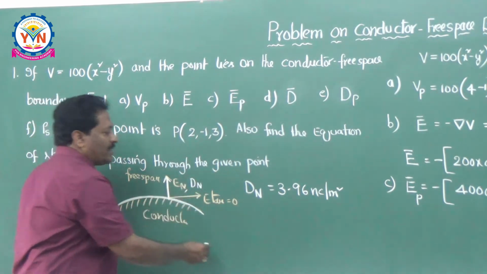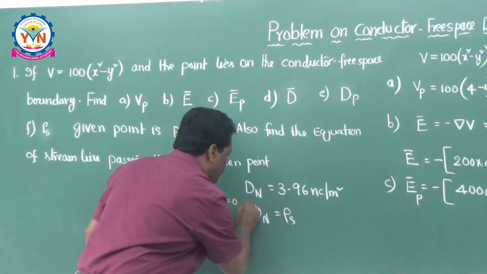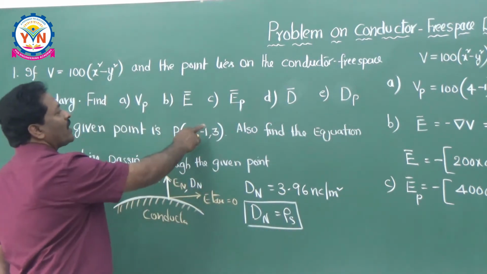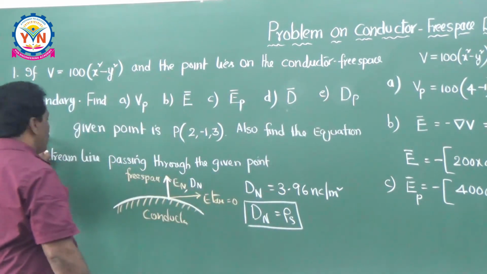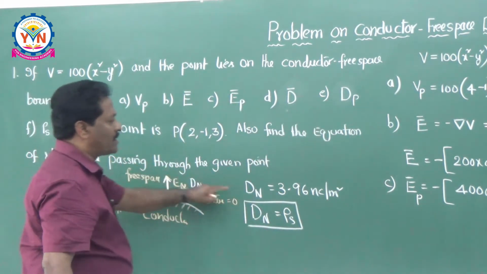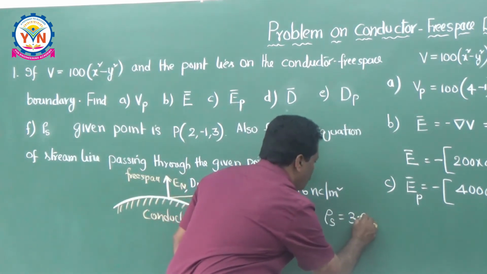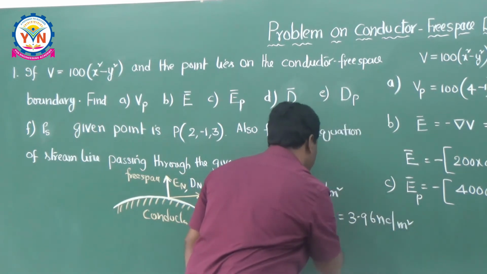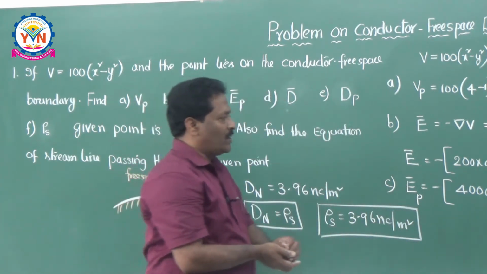Dn is equal to rho s, where rho s means charge density at the given point. You have calculated Dp, and rho s is nothing but 3.96. So therefore rho s is equal to 3.96 nano coulomb per meter square. This is the way of calculating your rho s.